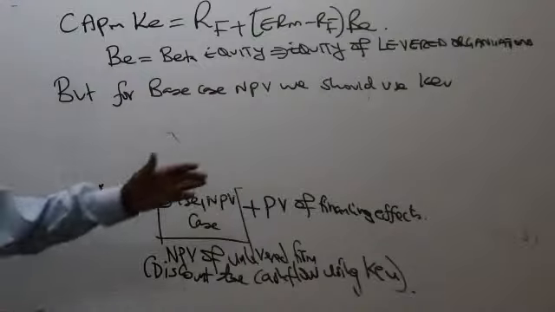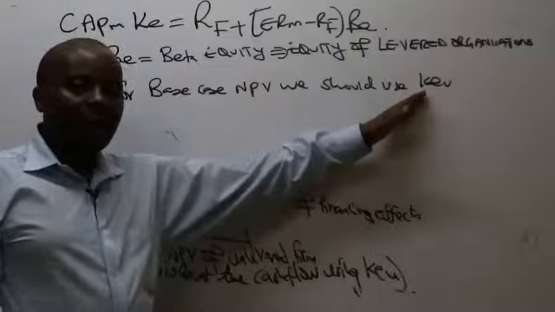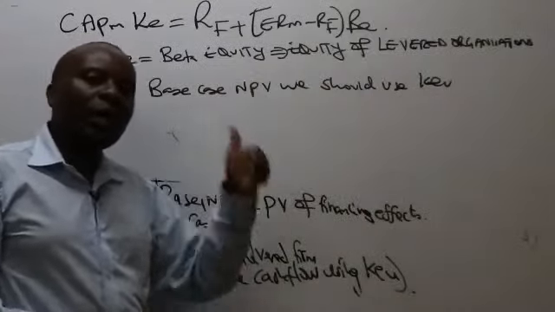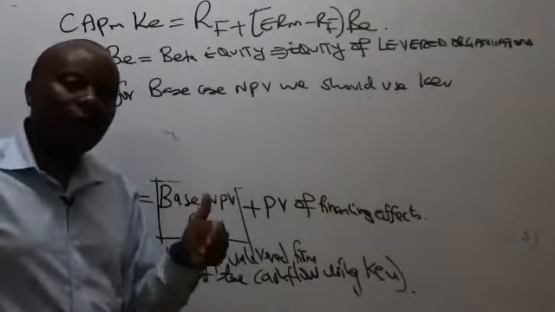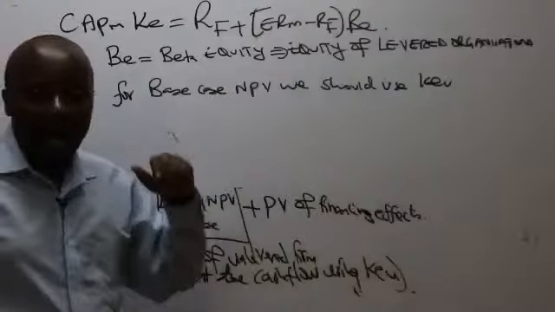KU, you're the ones who have told me, is the cost of equity of an unlevered firm. So then, ladies and gentlemen, what I need to do at the end of the day is to work with unlevered beta.